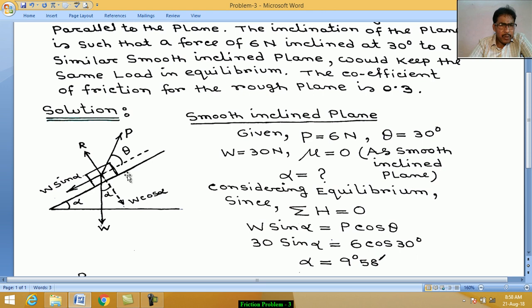Let the inclined plane make angle alpha with horizontal. Weight of the body acts downward, W.